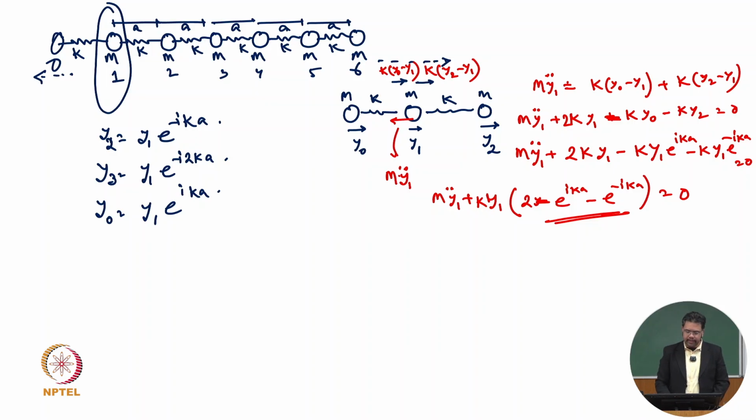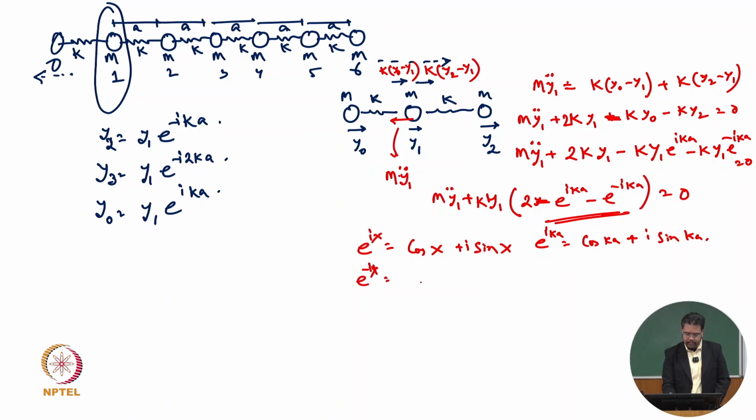Yeah, so it can be written as, if you remember, what is e to the power of i k x? Cos x plus i sin x. So can I write? And what will be e to the power of minus i k x?